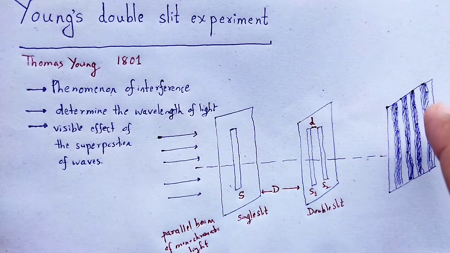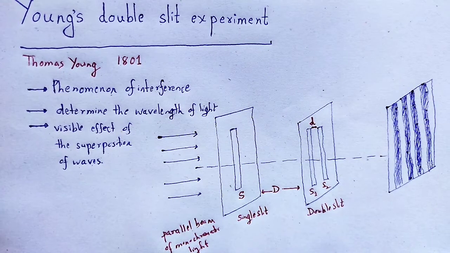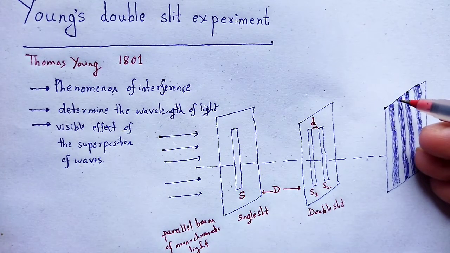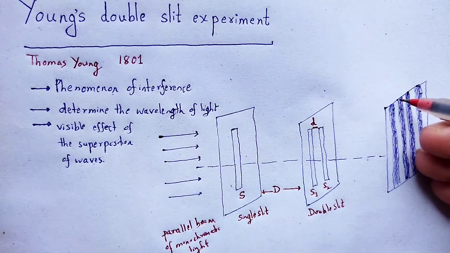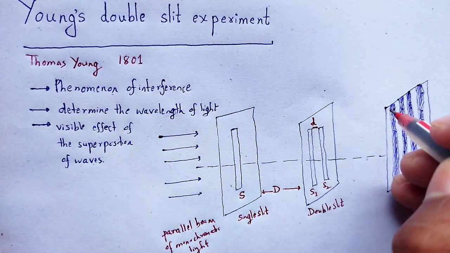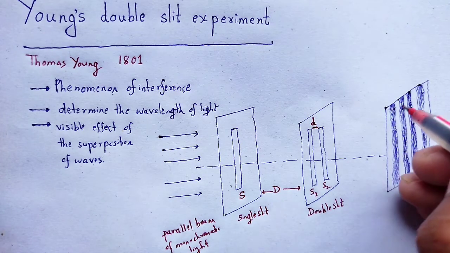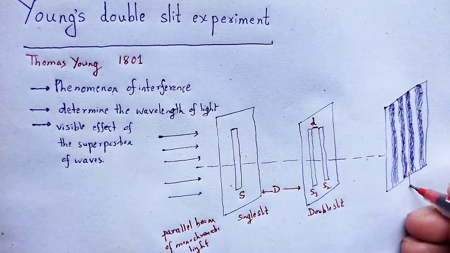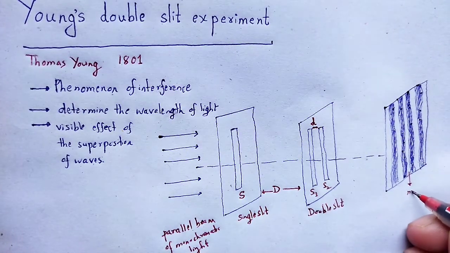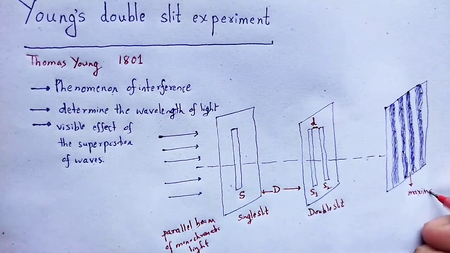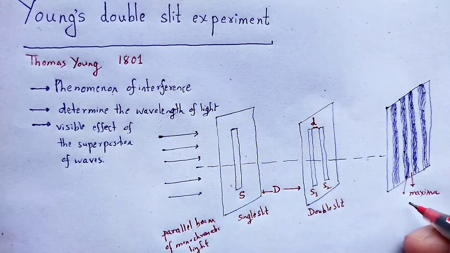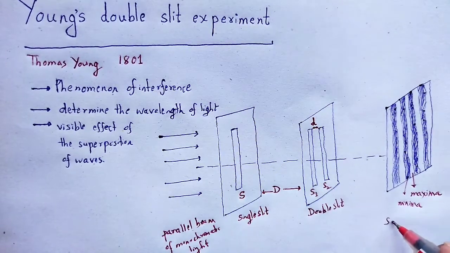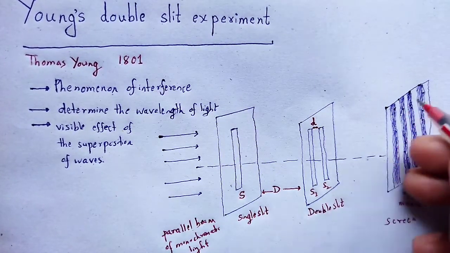At some points of the screen, we obtain the maximum intensity, known as maxima, and these bold lines are dark, that is the minimum intensity, known as minima.